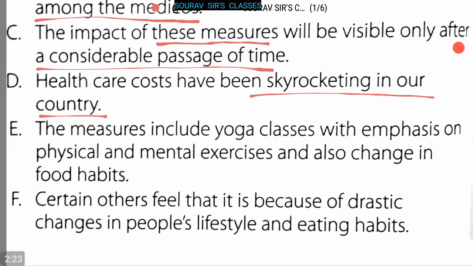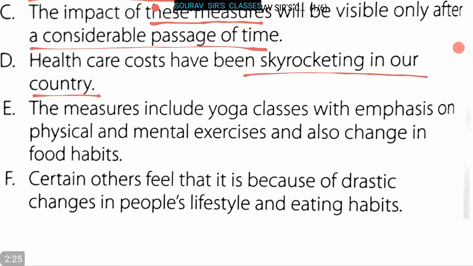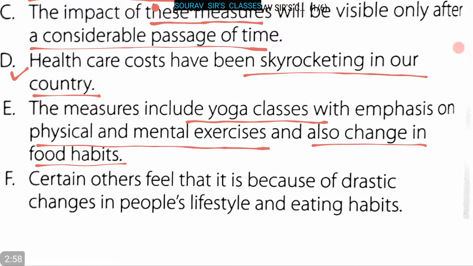So we have a chance that D may be the first thing, because it's the starting of a line. Healthcare costs have been skyrocketing in our country. Now E is: the measures include yoga classes with emphasis on physical and mental exercises, and also change in food habits.